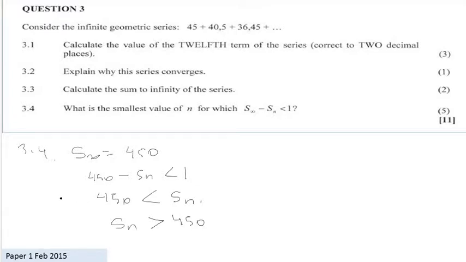So Sn is greater than 450 minus 1, which gives 449. We just forgot to include that 1, but we rectify it now. From Sn we can determine the value of n.